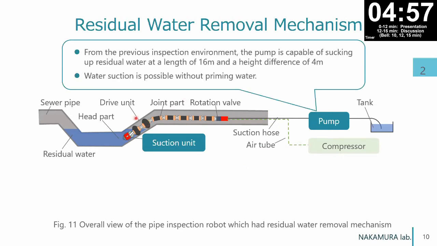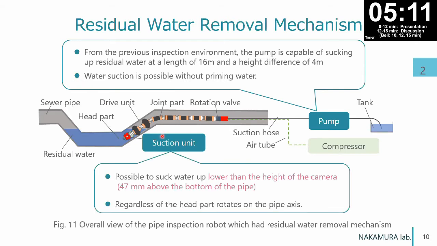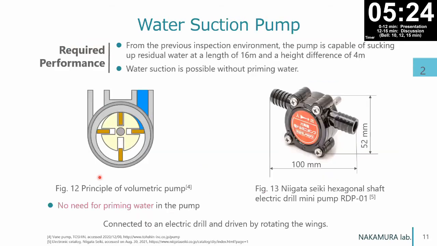About this, the water suction pump must be capable of sucking up residual water at the length of 60 meters and a height difference of 4 meters without priming water. And the water suction unit must be capable of sucking water to a level lower than the camera when the head is rotating. So these two topics will be presented.